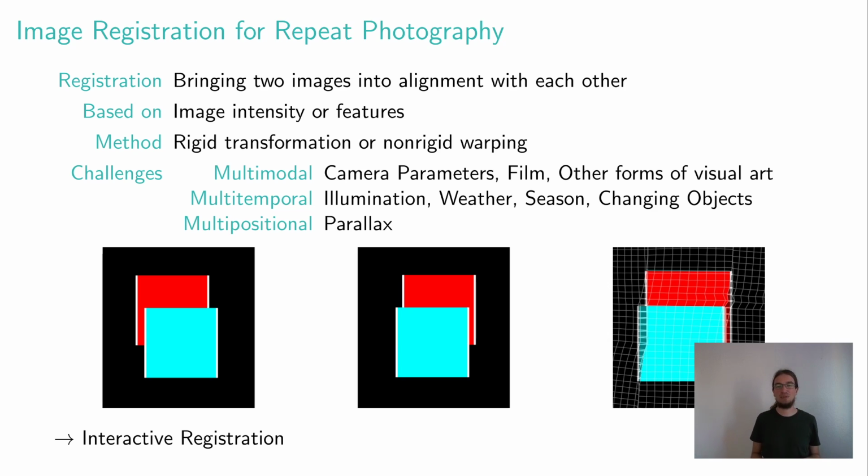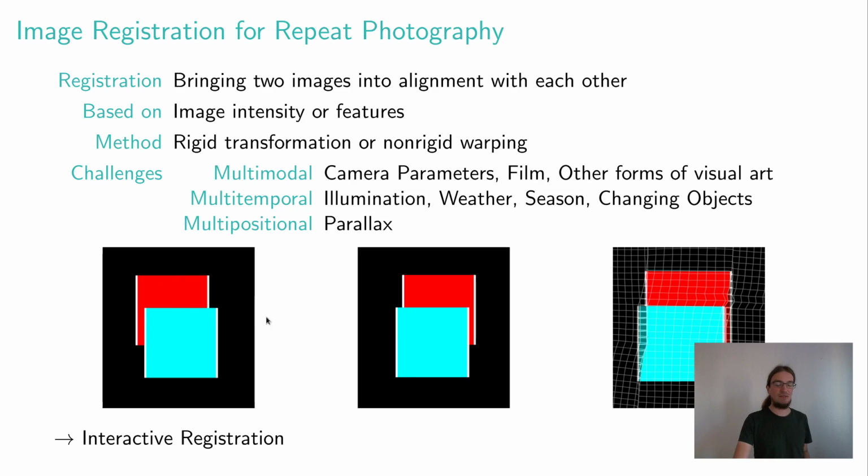And lastly, we are multi-positional, meaning that the camera positions are not met exactly for various reasons, maybe because the historic image was taken from a building which then collapsed or was demolished, and then we have parallax in our images, meaning that foreground objects like here these cyan rectangles are positioned differently in the historic image here on the left and in the contemporary image here in the middle relative to the background objects, in this case these red rectangles.